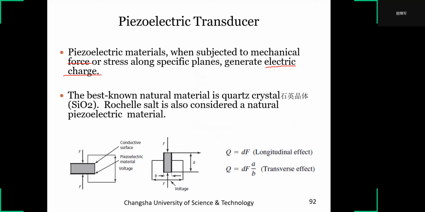The best known natural material is quartz crystal. Rochelle salt is also considered a natural piezoelectric material.